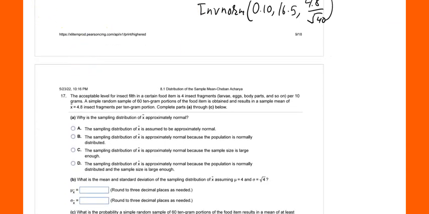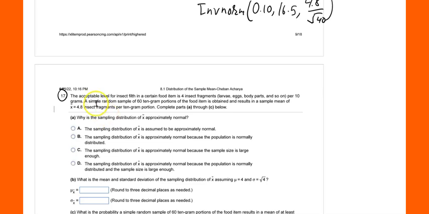Question number 17. Acceptable level for insect filth in a certain food item is 4 insect fragments per 10 gram. Notice that for 10 gram, 4 insect fragments are going to be acceptable. That's fine.